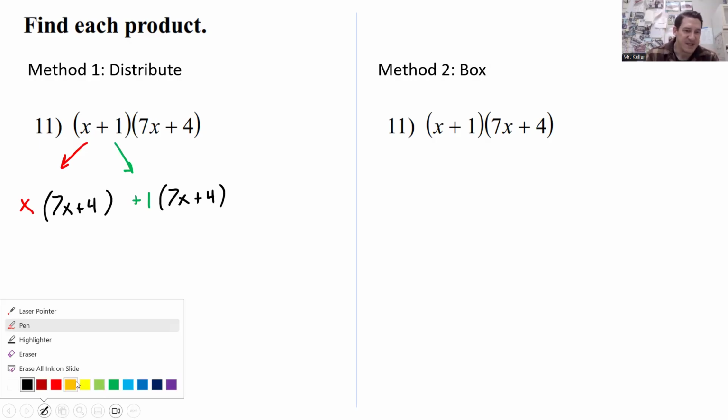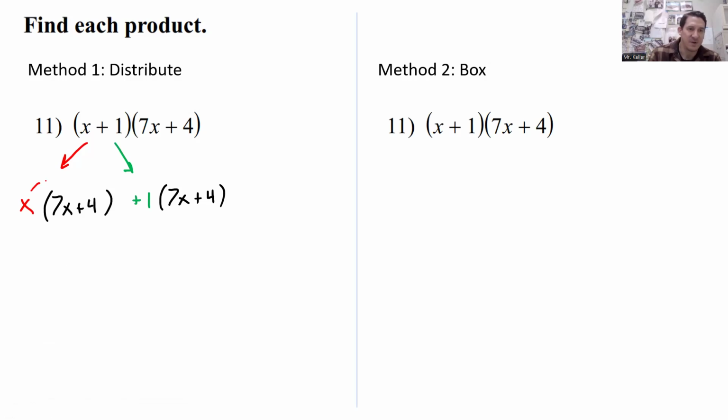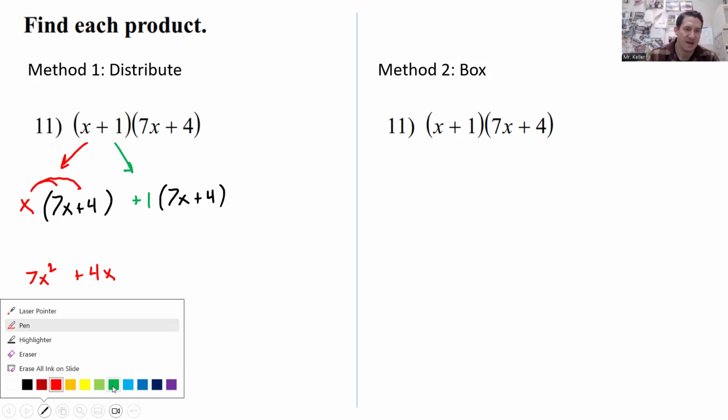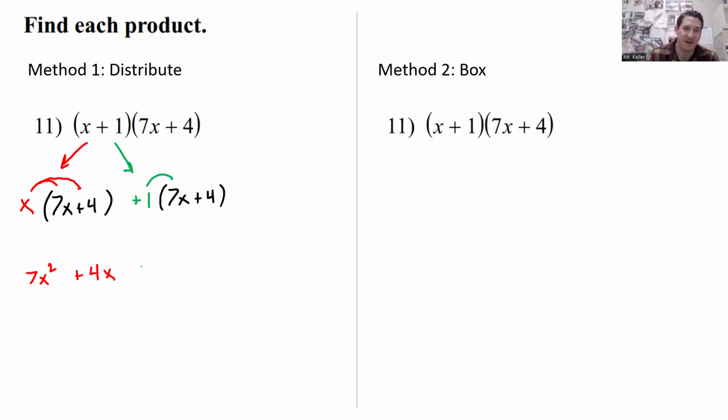So then you just distribute like we did on the last ones. X times 7x, that's going to be 7x squared. X times 4 is 4x. And then here, distribute the 1. 1 times 7x is just 7x. 1 times 4 is 4.